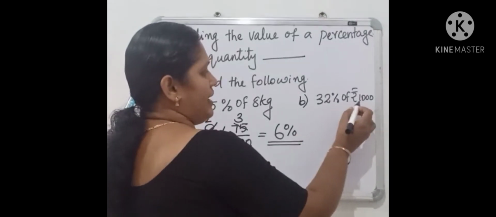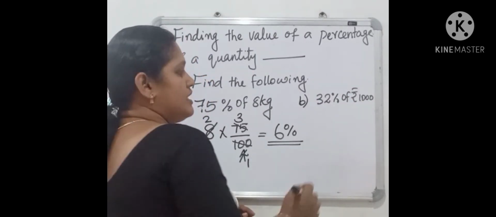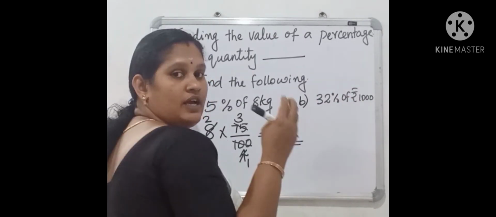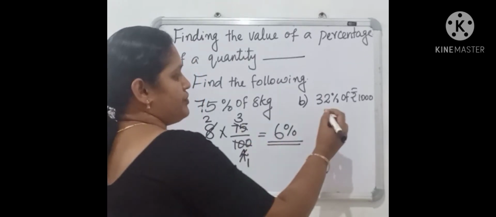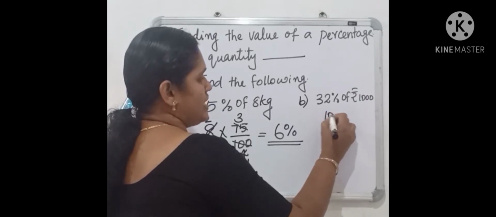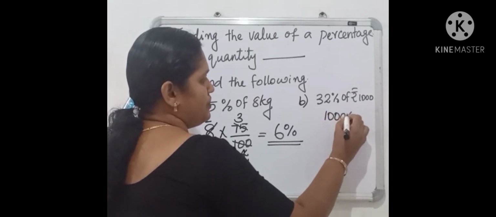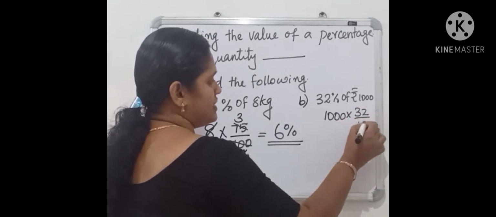Here we have to find 32% of rupees 1000. So we can write 1000 into 32 by 100.